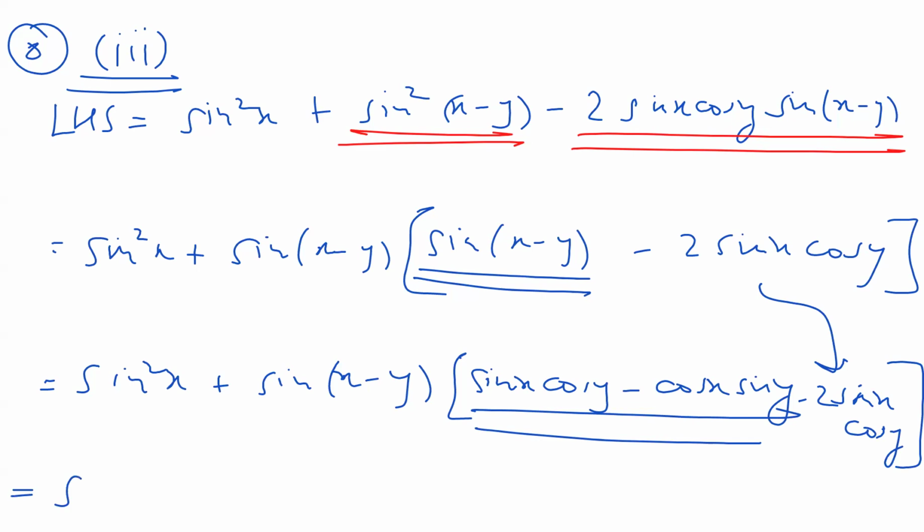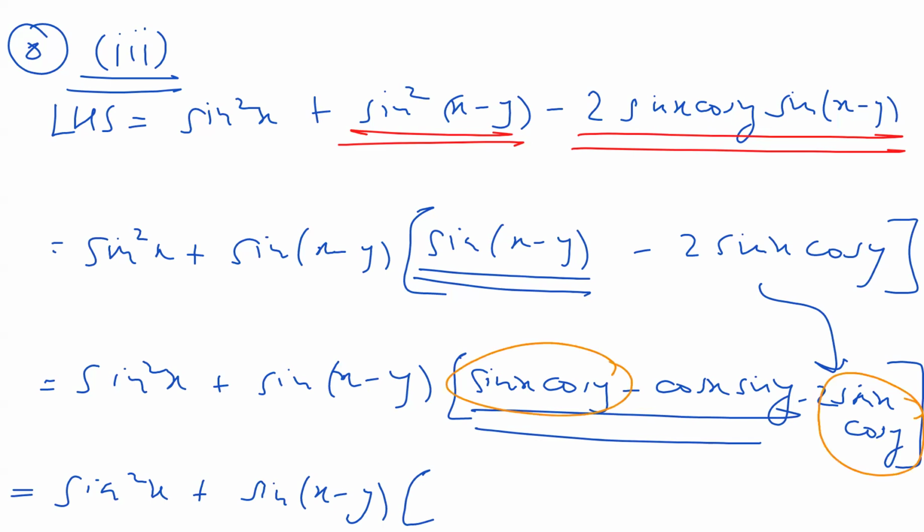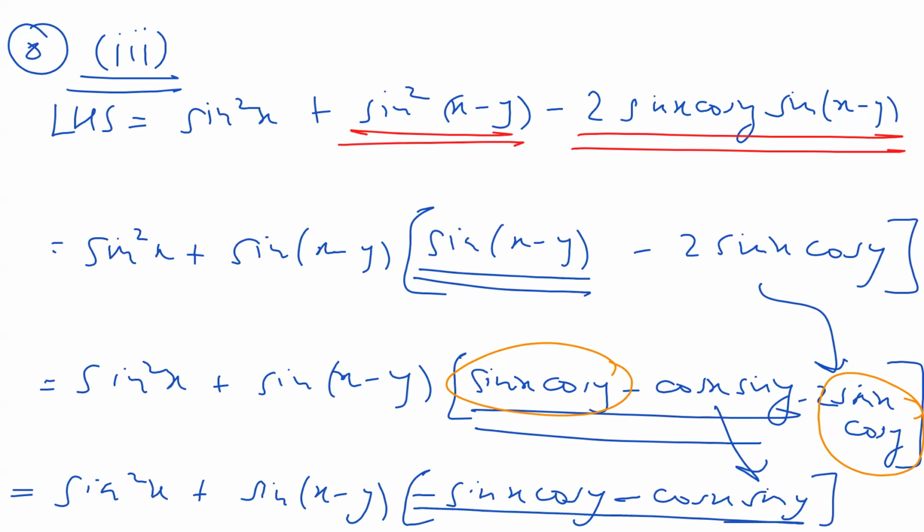Okay, now look at these particular terms: sin x cos y minus 2 sin x cos y. So this is going to be minus sin x cos y, minus cos x sin y, the remaining term. We can take the minus sign common over here.